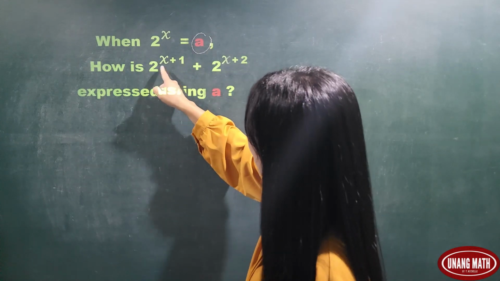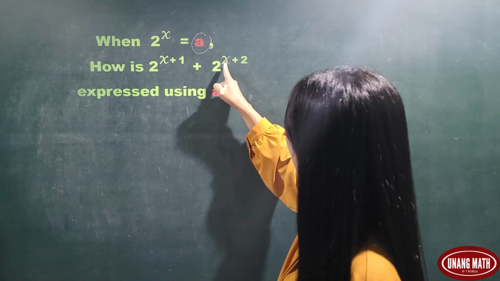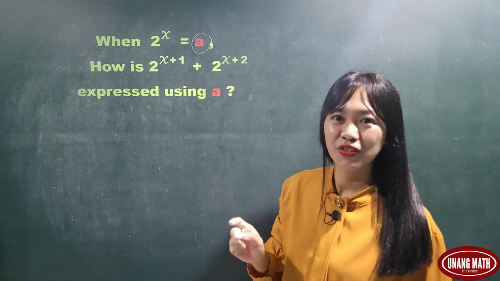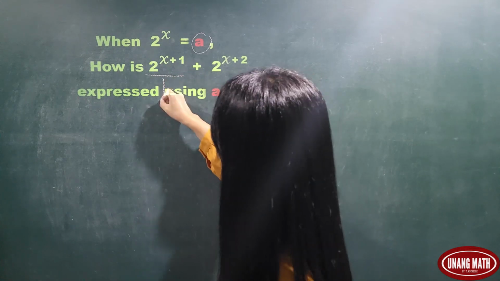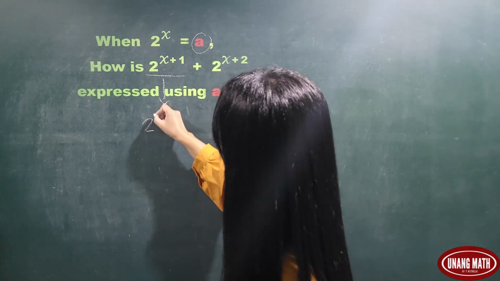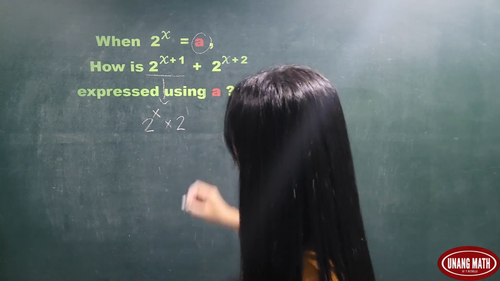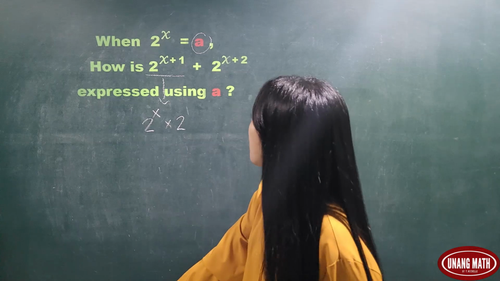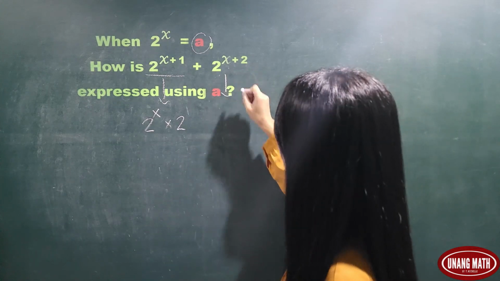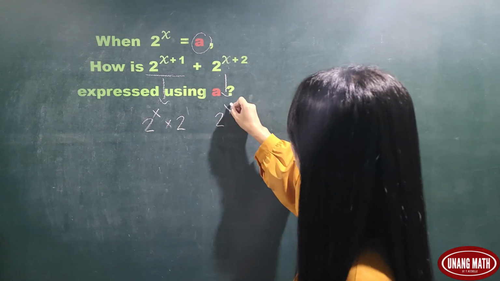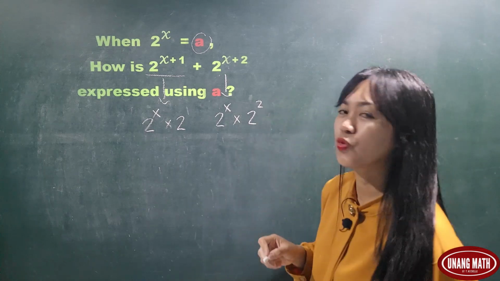What is 2 raised to the power of x plus 1 plus 2 raised to the power of x plus 2? 2 raised to the power of x plus 1 can be written as 2 raised to the power of x times 2. What about 2 raised to the power of x plus 2? This can be written as 2 raised to the power of x times 2 squared.